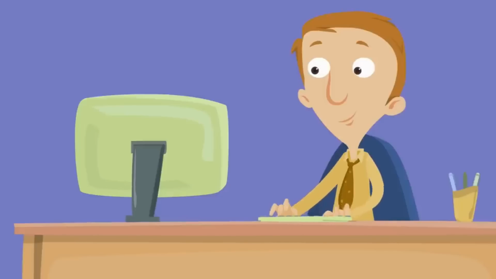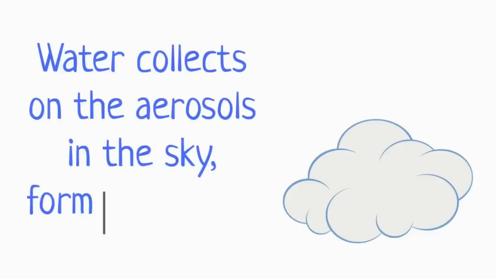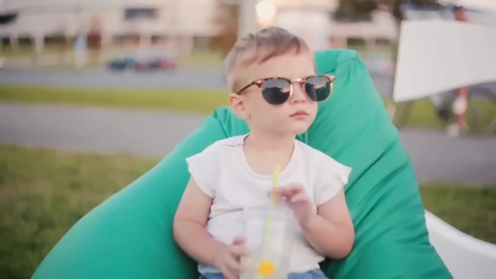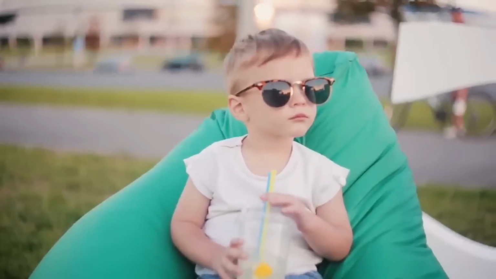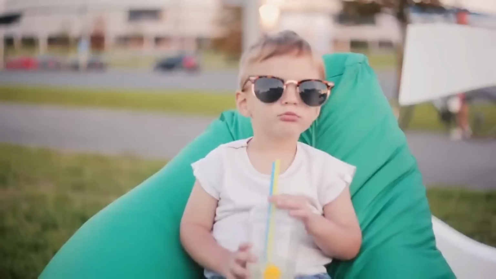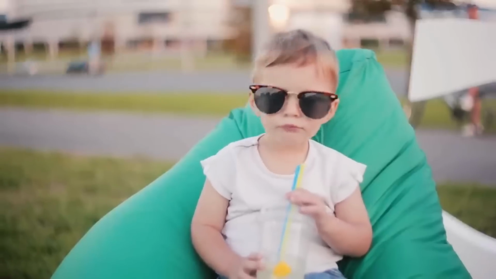Now check this out. Water collects on the aerosols in the sky, forming a cloud. Aerosols are like floating hangout spots for the little drops of water that make up a cloud. It's like if this kid is a drop of water and the beanbag chair is an aerosol like a speck of dust. Water just hangs out on the aerosol particles, just relaxing.